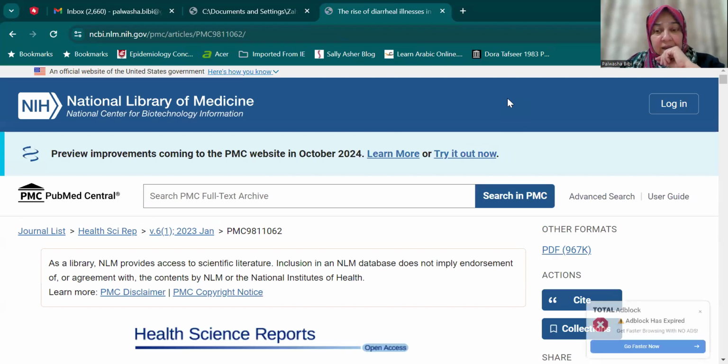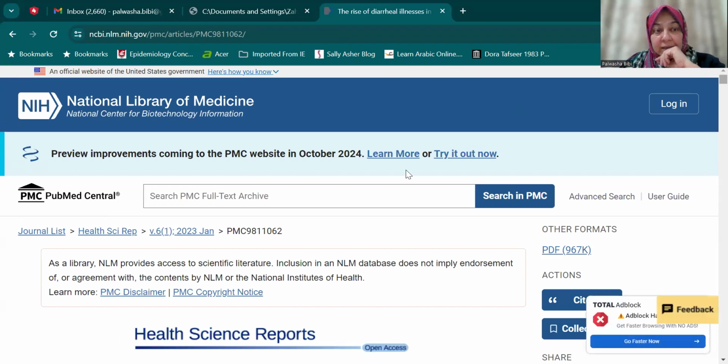And what I see here, look, this is PubMed Central, PMC. This is from the National Library of Medicine in Washington, the National Center for Biotechnology Information. This is a very big project by the National Library of Medicine in the United States, and it has millions and millions of articles.